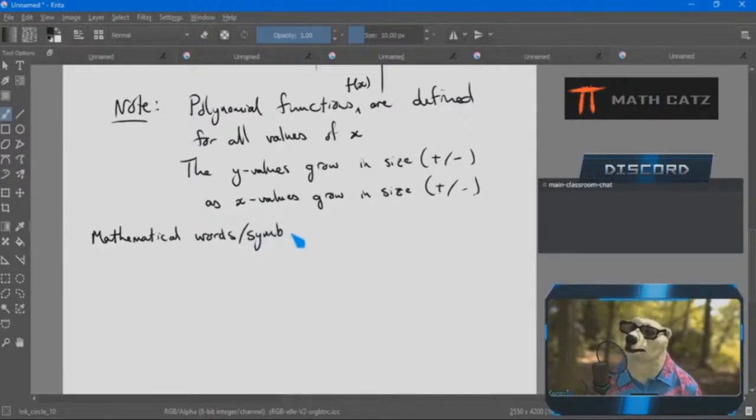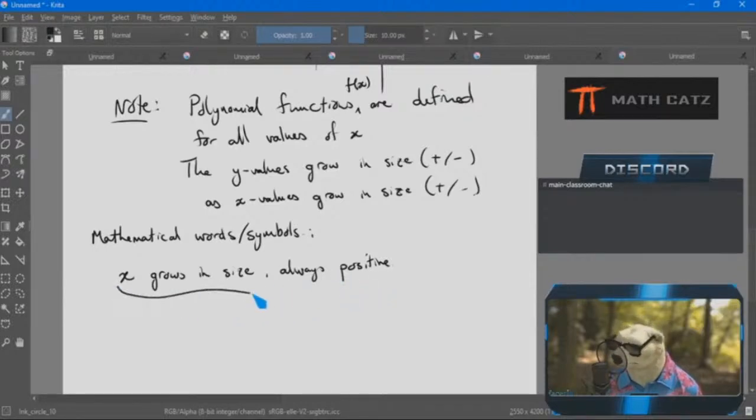And we, of course, do that by way of symbols. So if we say x grows in size, always positive, I'm trying to make the words in English as simple as possible so that we understand what we're saying.